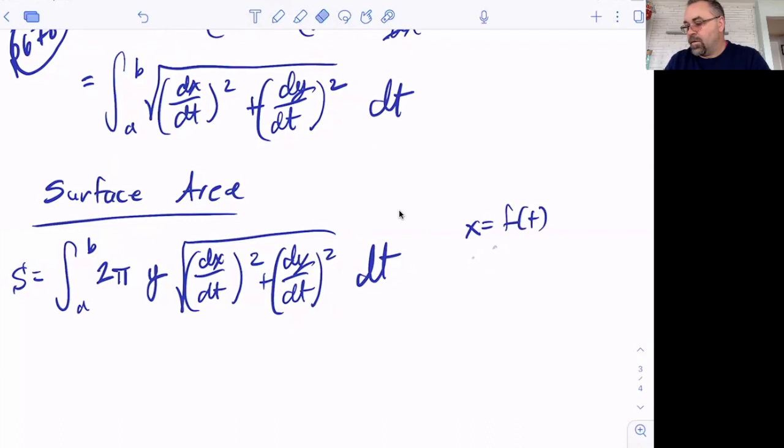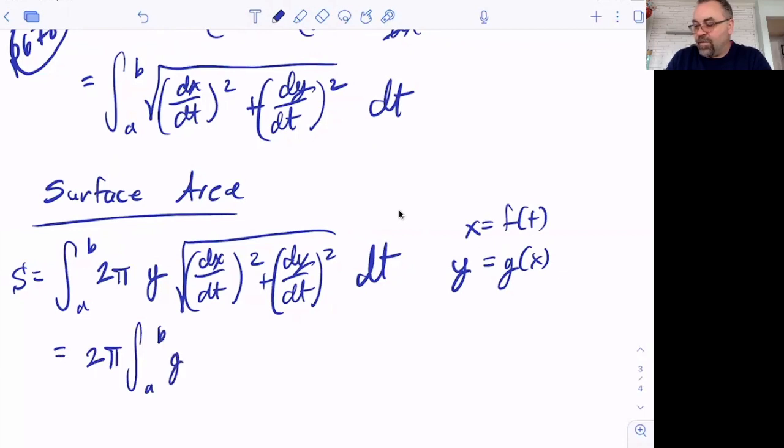So I can substitute the g of t in there. I can take the 2 pi out of the integral.